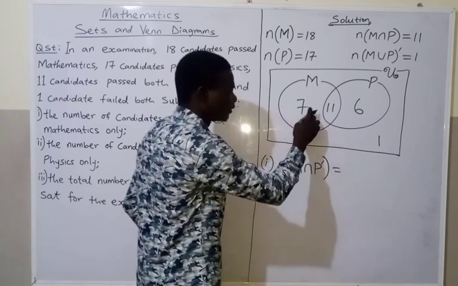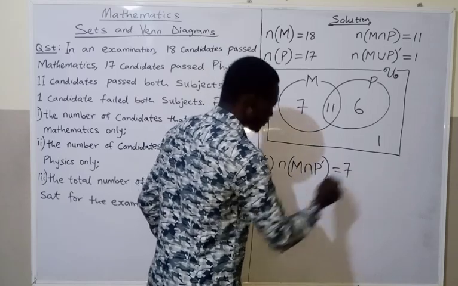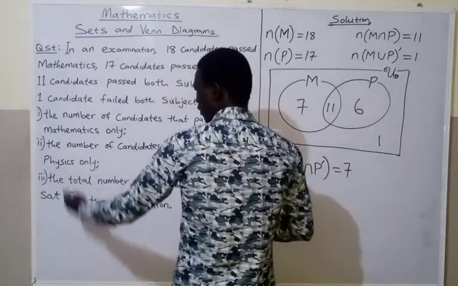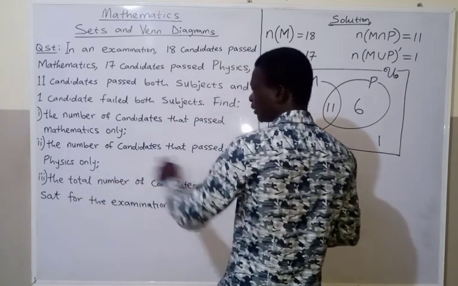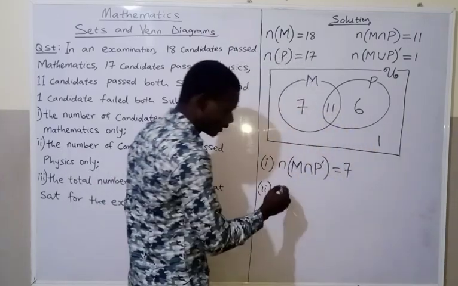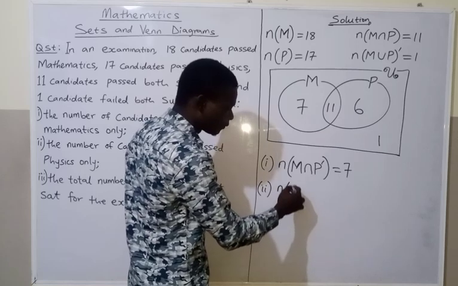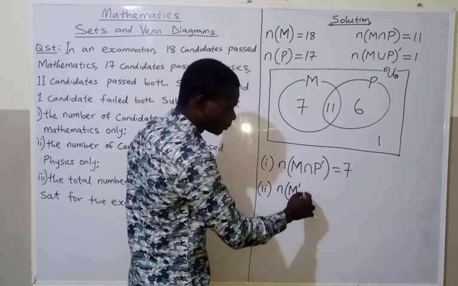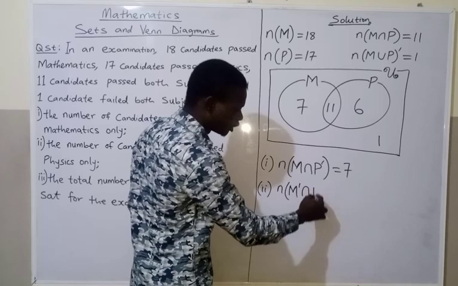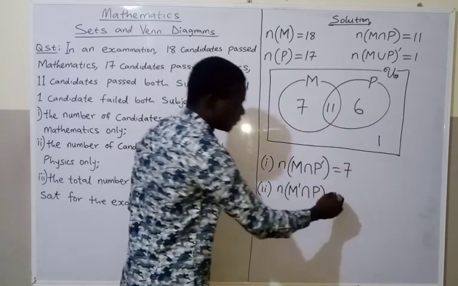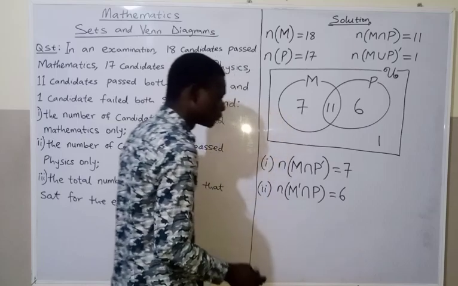And how many are they? 7. The second question says number of candidates that passed physics only. That's going to be number of mathematics prime intersection physics. And of course, from the Venn diagram, there are 6 of them.